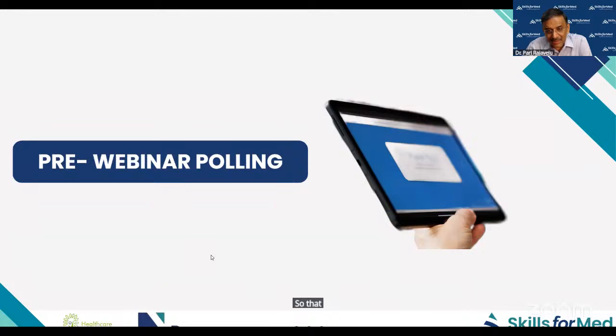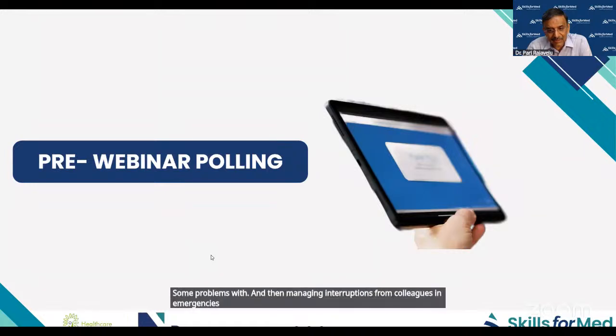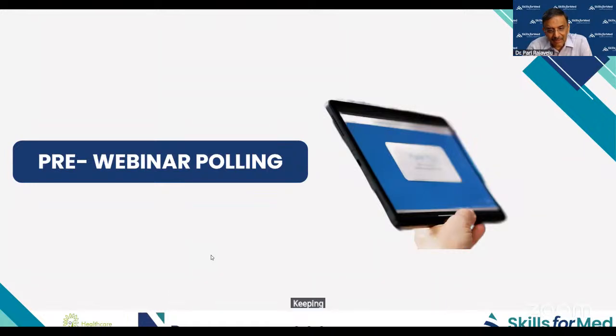That seems to be the major issue many people have. Managing interruptions from colleagues and emergencies is another 25%. Keeping track of multiple patient needs simultaneously is another 21%, and finding enough time for documentation is another 10%.